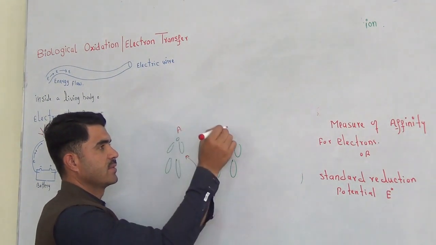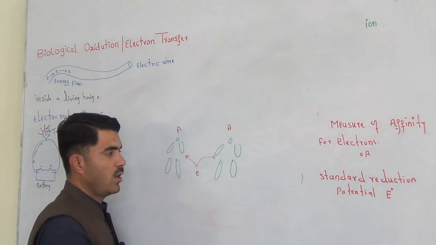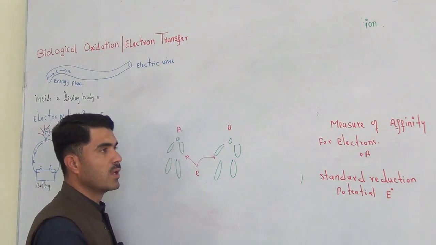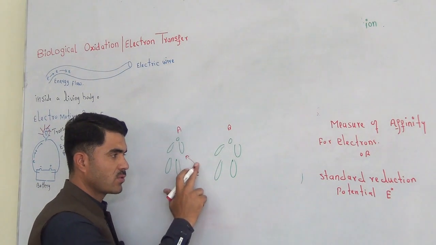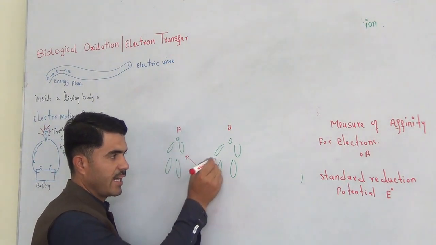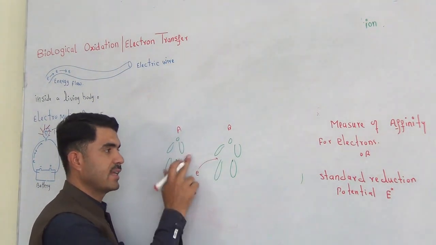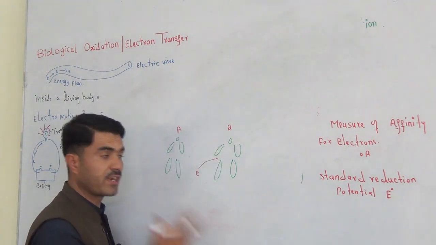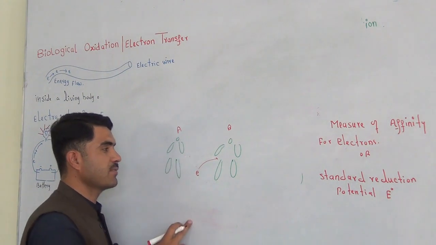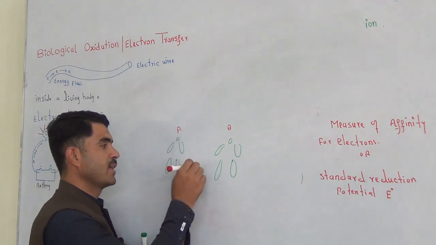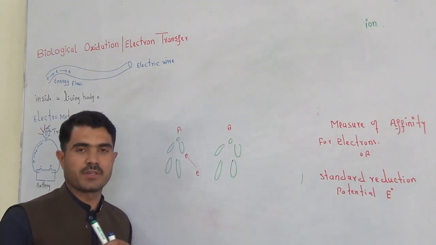Let's suppose A and B. So we use the word electron affinity. If the electron is given to that person more strongly, we will say this person has great affinity for the electrons. And if the electron is given to the other one, we will say that person has strong affinity for the electrons.